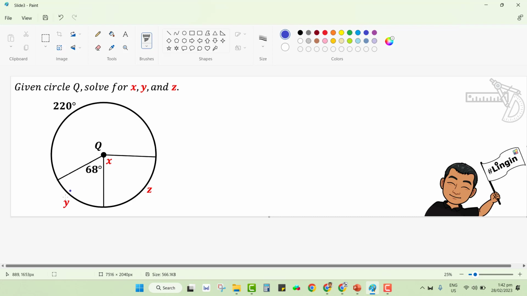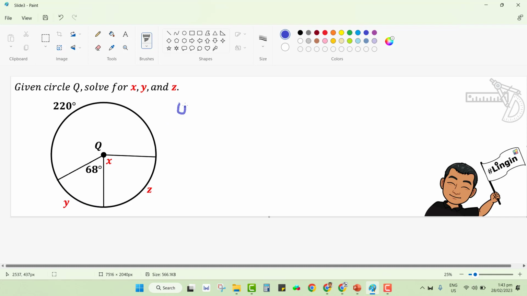I'm talking about arc y here. Arc y is the intercepted arc of the central angle which measures 68 degrees. And since this is a central angle, we all know that the measurement of the central angle is equal to the measurement of its intercepted arc.